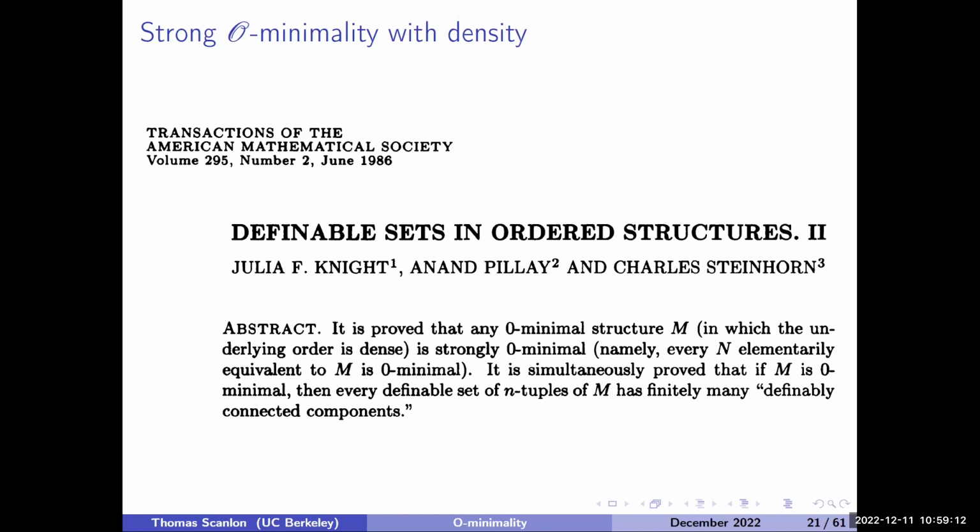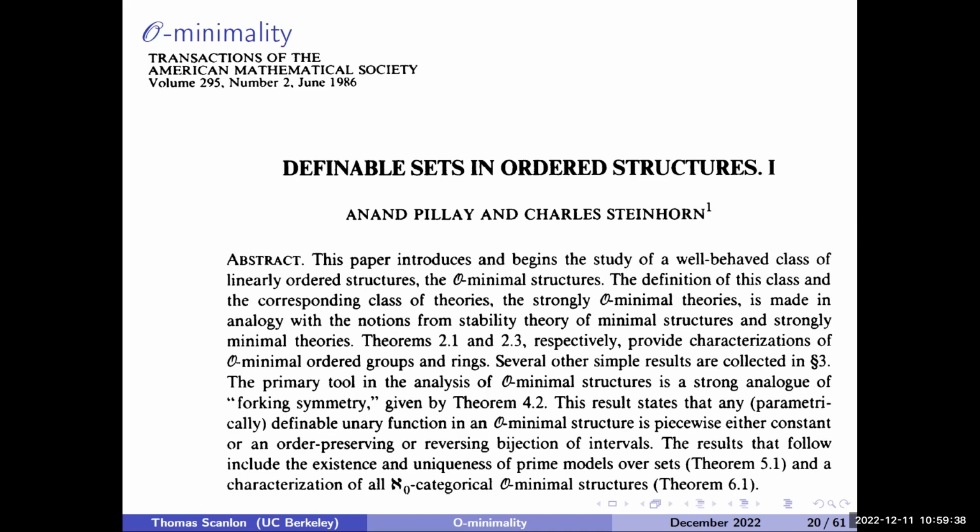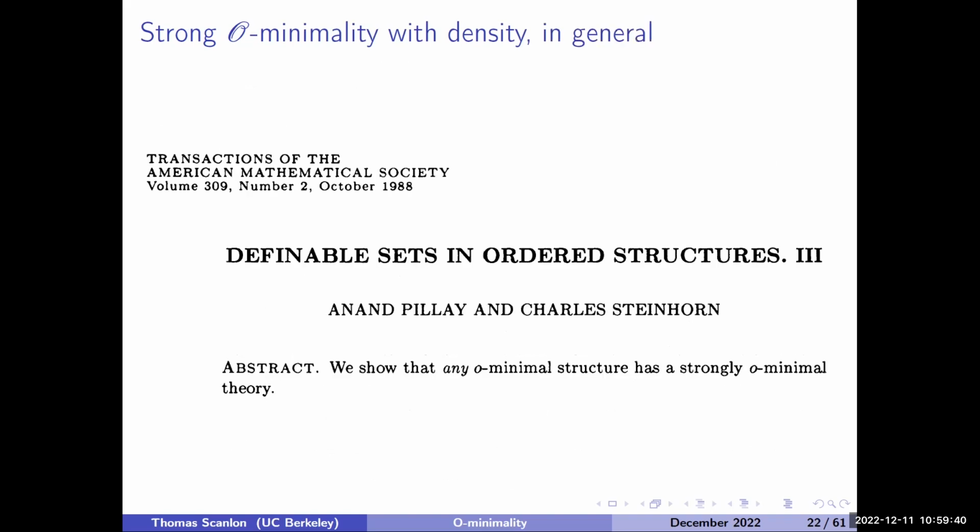Thomas, I'm a bit confused. O-minimal originally was written with a small o. Then there appeared a script capital O, and now it is zero-minimal structure. Is it the same? I'm sorry, it's not my fault. Actually, originally, if you go back to that Scanlon paper, he doesn't even call it o-minimal. He calls it finite type. And then in their paper they do it with script O, and now they do it with a different one. Both of them are small.